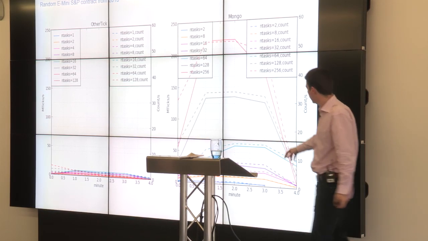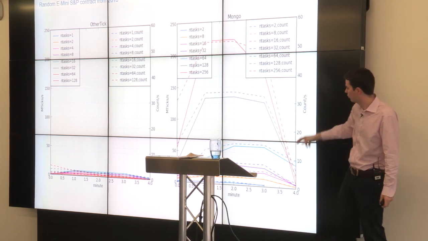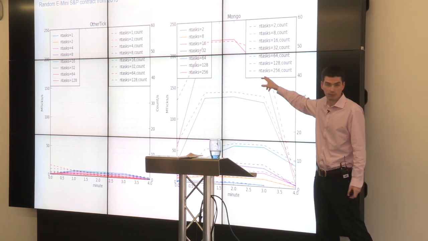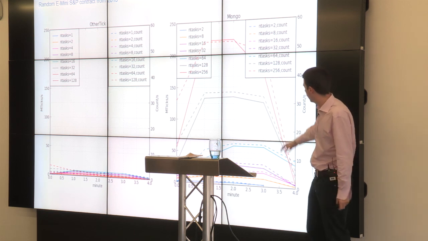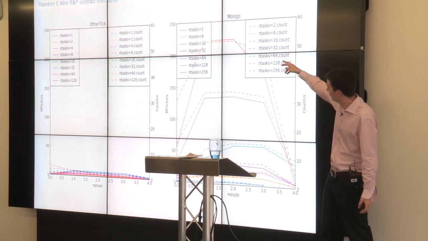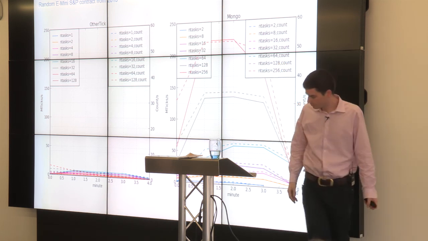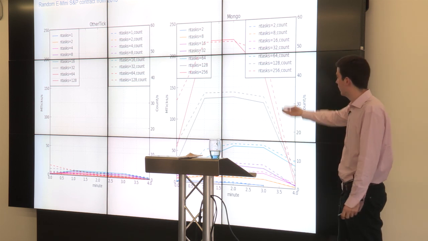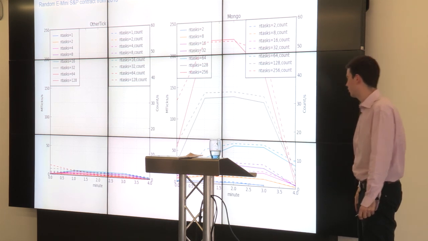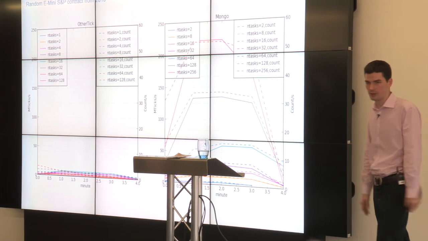And what you can see is that as we double the number of workers from 2 to 8 to 16 to 32, the throughput of the Mongo system doubles. So we go from 10 million ticks a second all the way up to 230 million ticks a second there. The other tick store topped out at 9 million ticks a second, whatever load we threw at it.